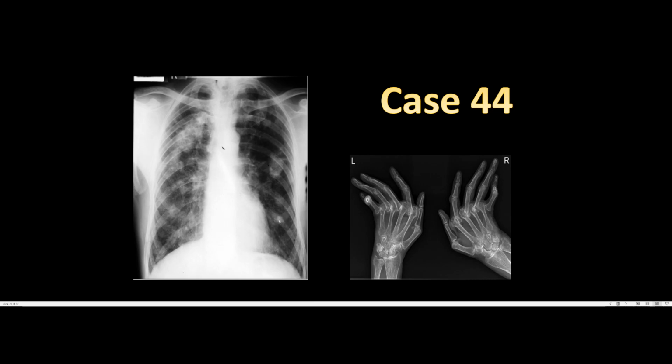This is more than likely pulmonary nodules. So you have 1, 2, 3, 4, 5, 6, 7, multiple pulmonary nodules. So if you have multiple pulmonary nodules with manifestations of rheumatoid arthritis, you think of Caplan syndrome.